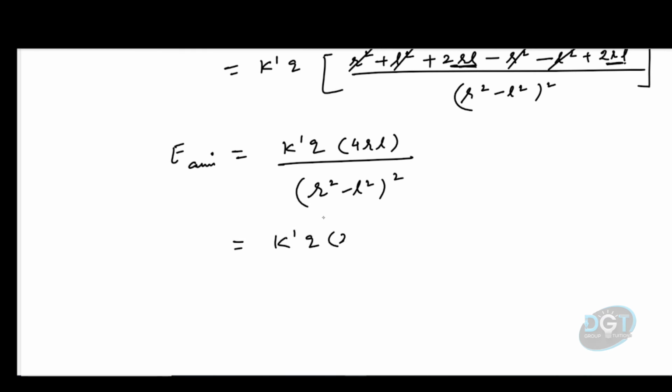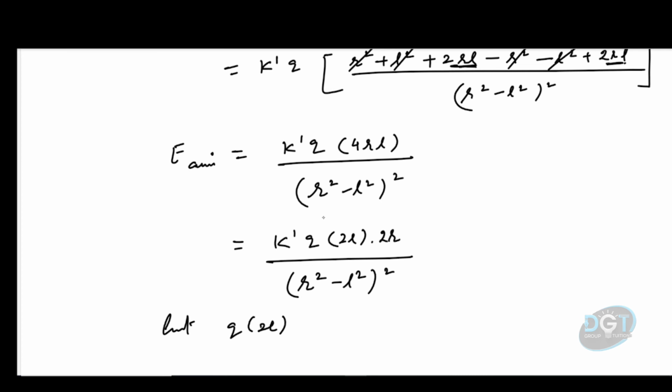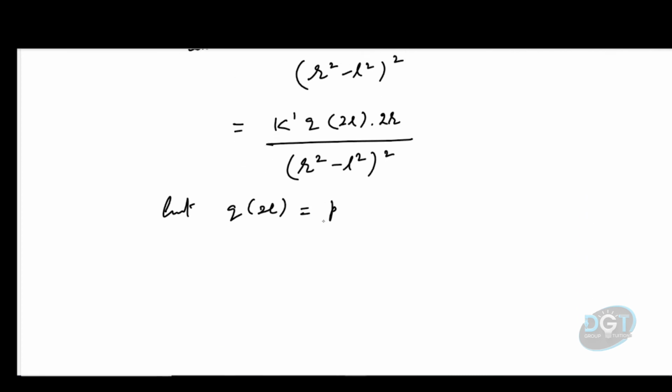So here we'll write 2L and then 2r, so ultimately we'll be left with r square minus L square whole square in the denominator. Now, as we know, Q into 2L is nothing but the dipole moment, as we saw earlier. Say this is equation 3.